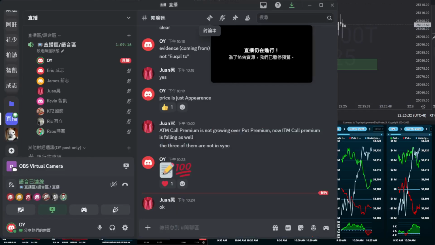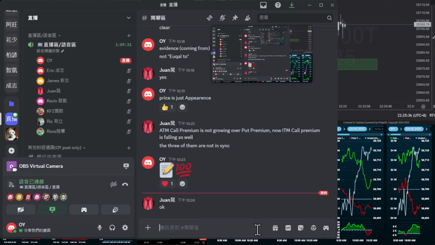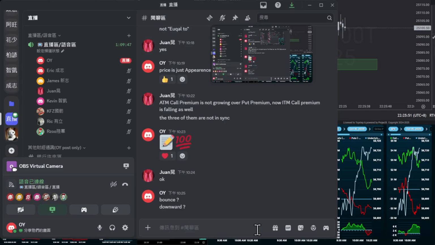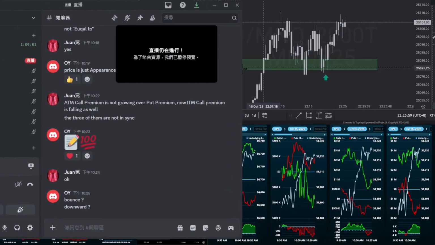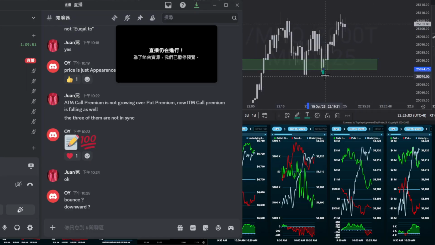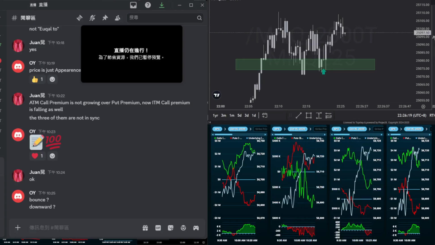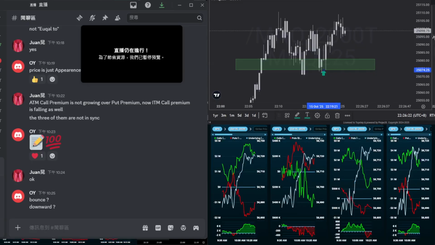Did you think it will bounce, or did you think it will fail and break out to the downside? Which one? In the green rectangle and the green arrow area, when the touching point happened in the last 5 minutes and we are having the premium situation over here, what did you think? Did you think it will bounce, or go downward?